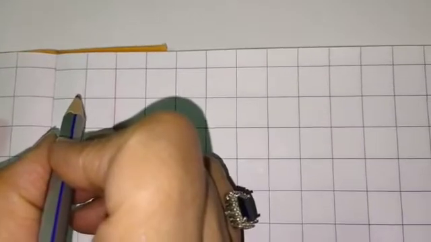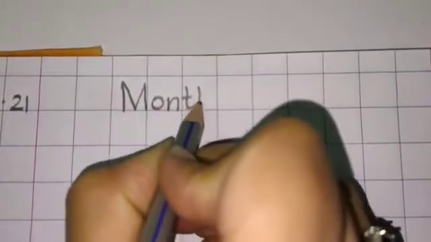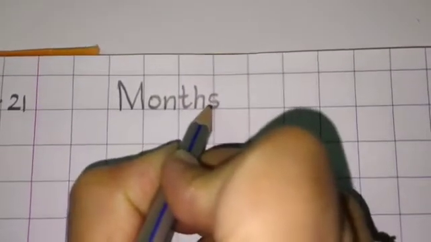Okay, children, open your notebook and we will begin writing months of the year. Beginning with today's date, 7.1.21. Outside the margin line, leave 2 boxes and write capital M O N T H S. Months.